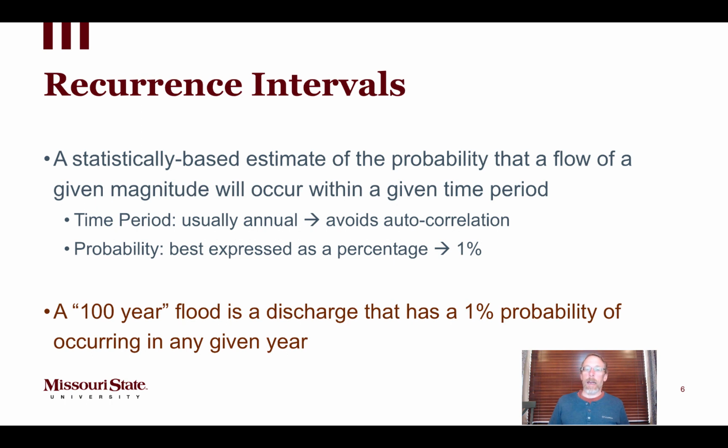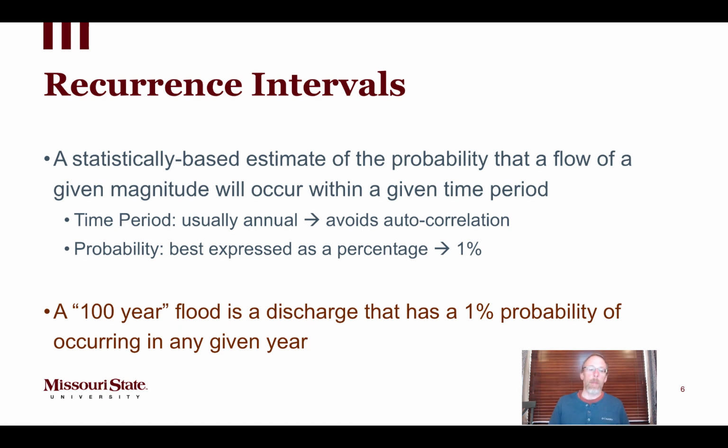So by looking at annual peak or maximum discharges, which in other words is the biggest discharge in any given year, and using those to calculate recurrence intervals, we avoid this autocorrelation. In the scenario I gave you where the flood starts in August but hasn't finished until September, September is high because it's correlated to an event that occurred in August. So we usually look at these things annually.